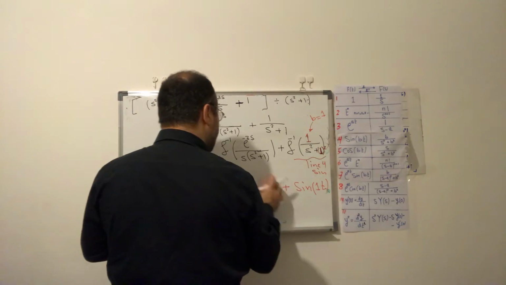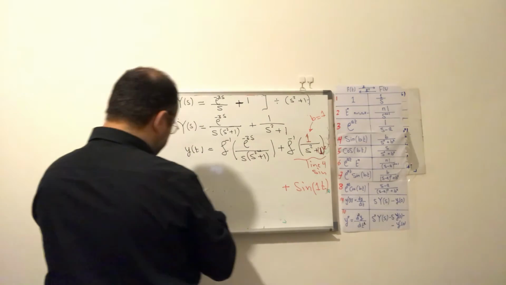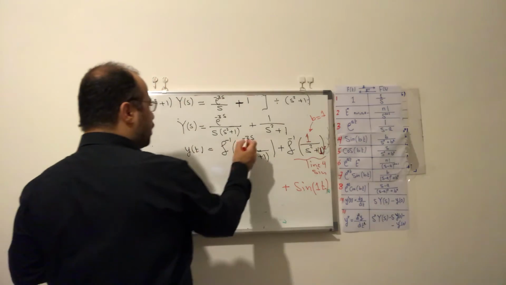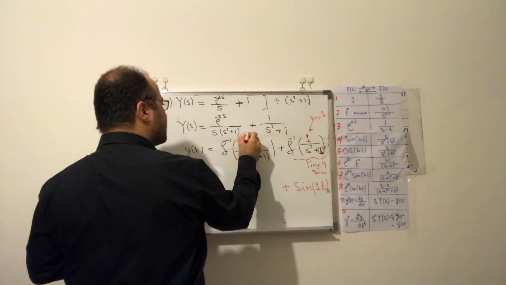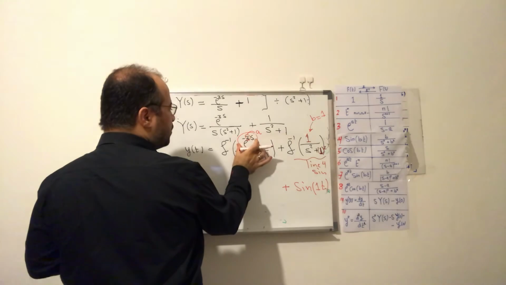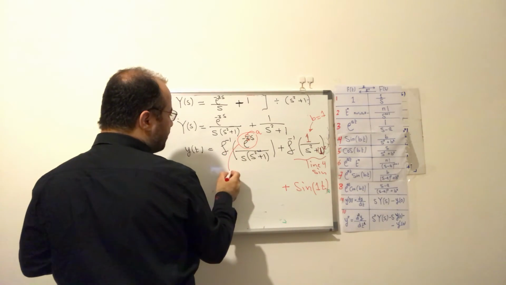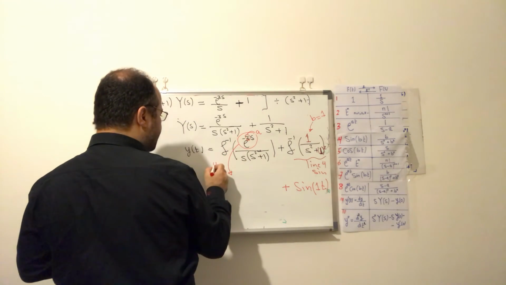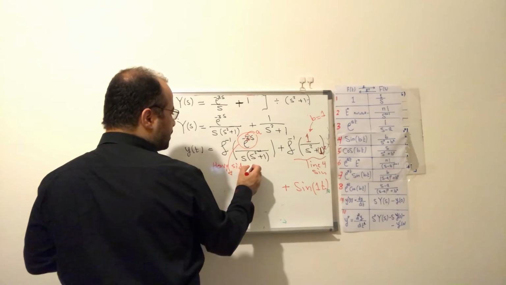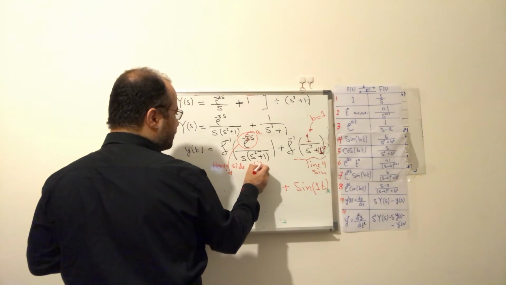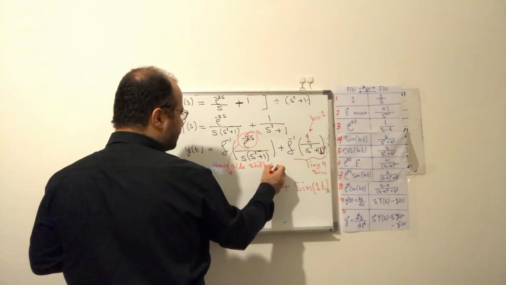Now plus, now this thing is a little bit tough because it says the following. When you have this thing, then you know your a, right? Then you have the Heaviside function shifted a units.